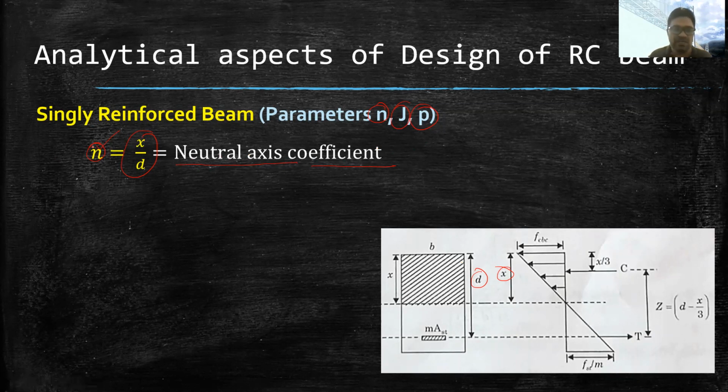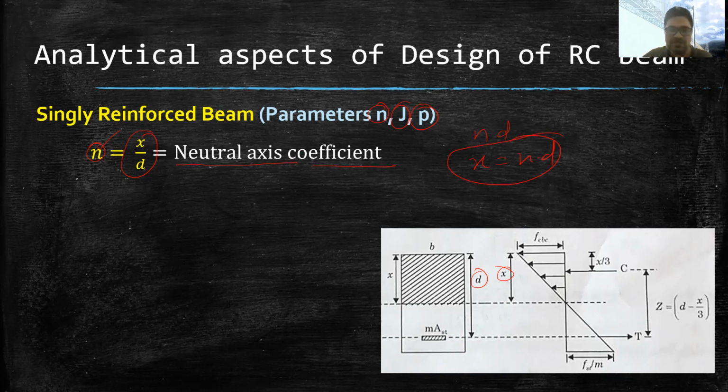So if we are given the n value and the d value in the problem and have to find the x value, then x becomes n into d. So this n parameter is very important.